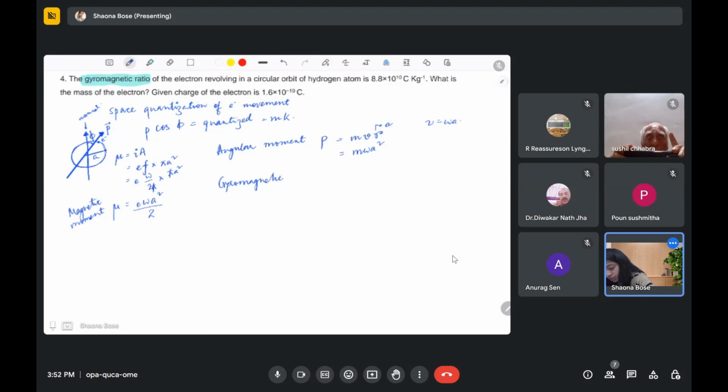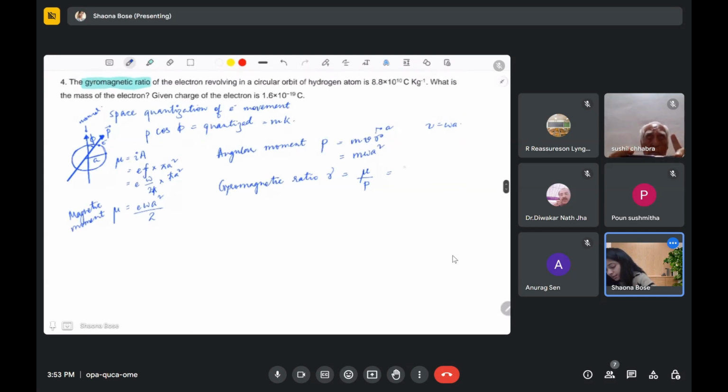Now the gyromagnetic ratio, gamma, is this magnetic moment divided by the angular momentum.